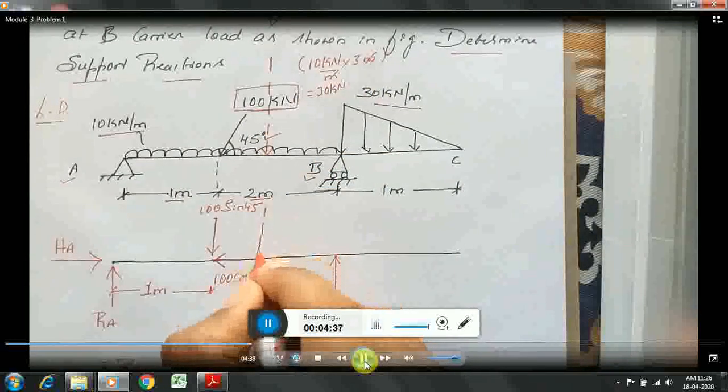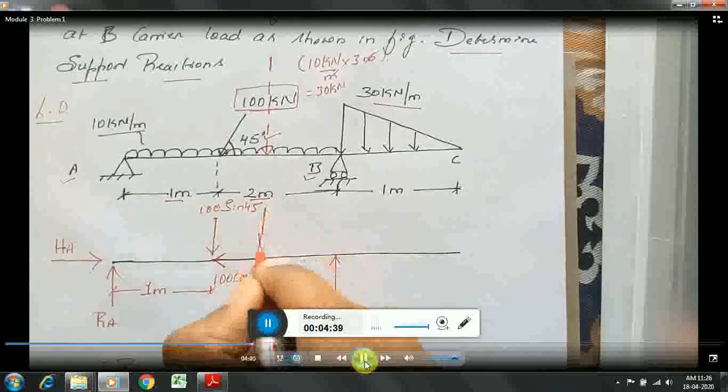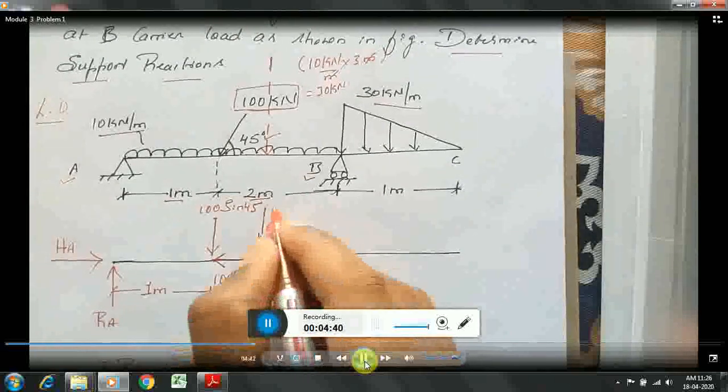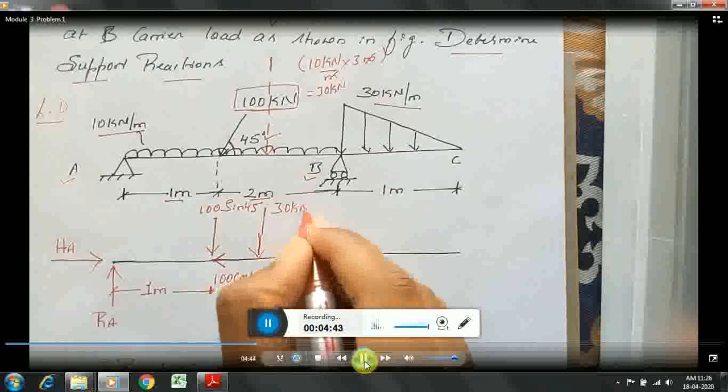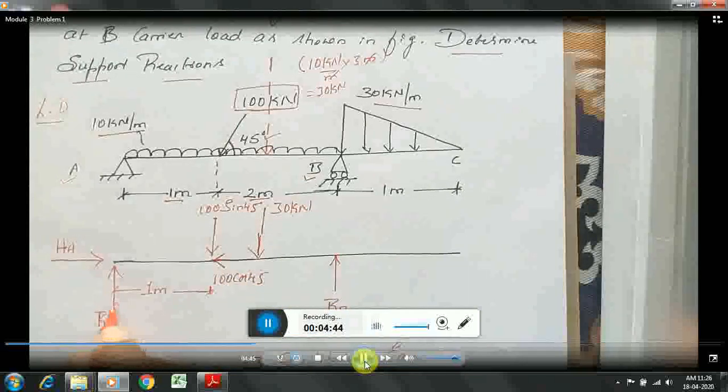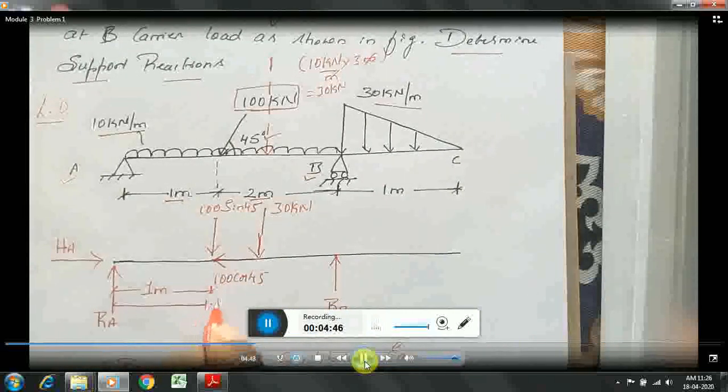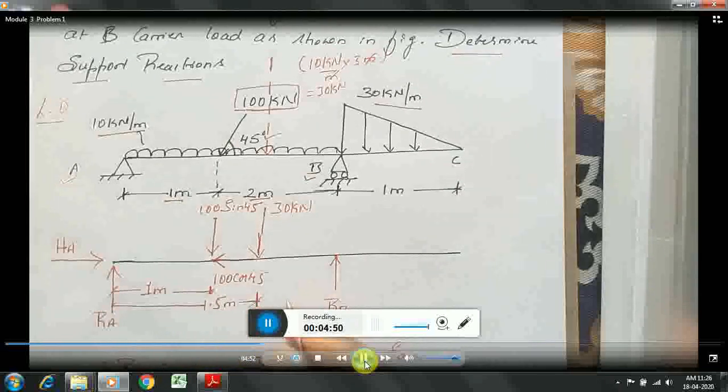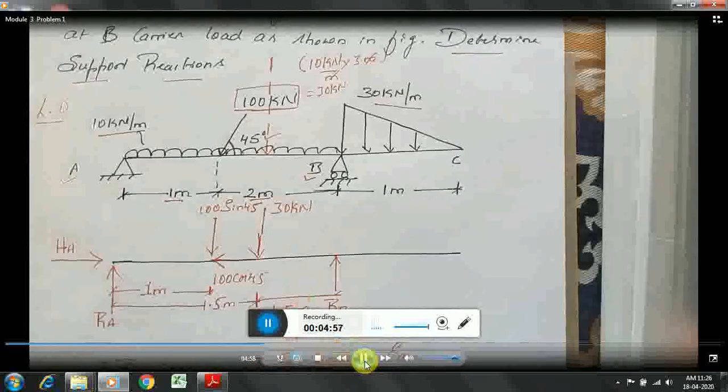This is the conversion of UDL into a point load. This 30 kilonewton will act exactly at the center, 1.5 meter from the left end, and 1.5 meter from the right end also, because the overall span is 3 meter.